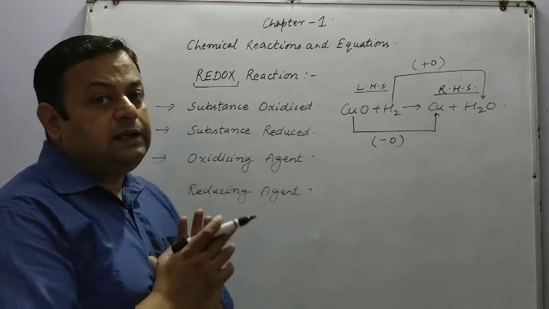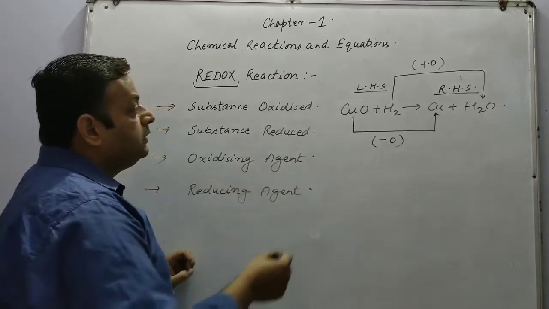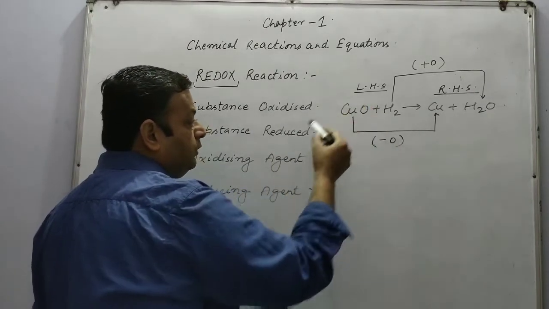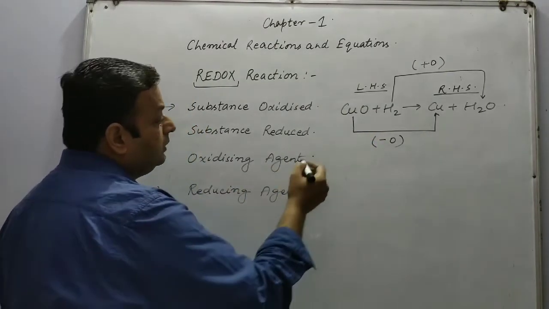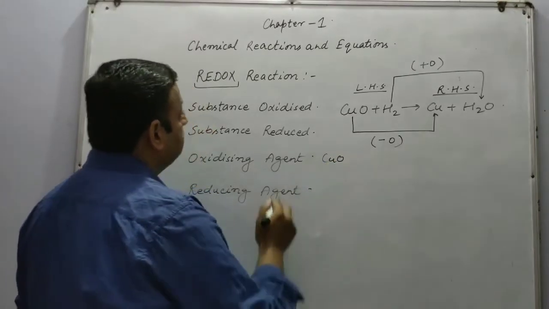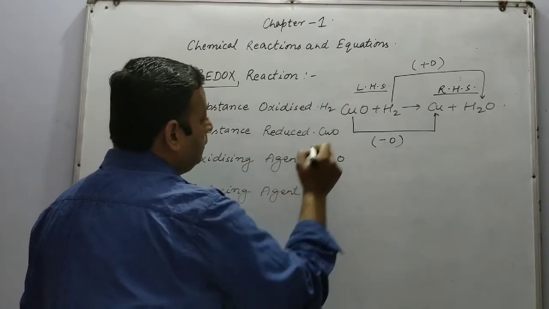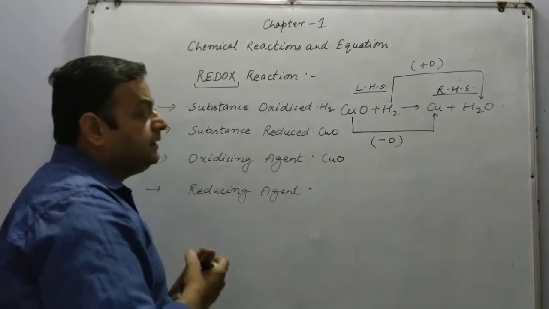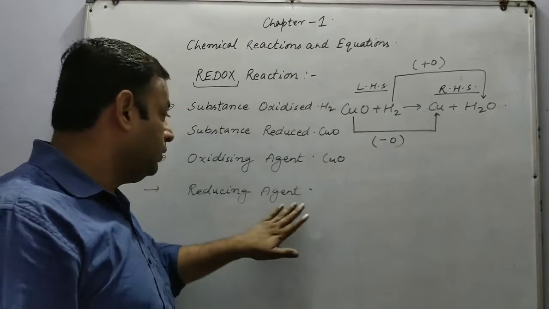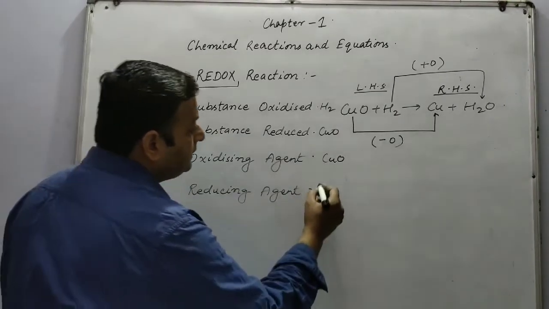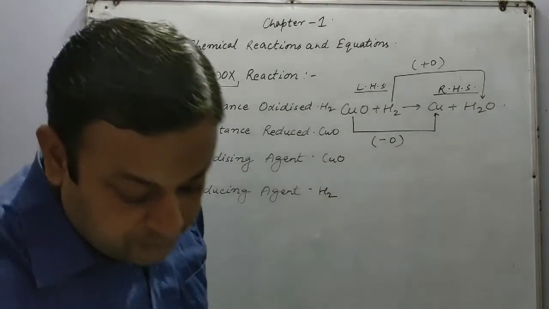The substance which is getting reduced during the redox reaction will act as an oxidizing agent. So in this case, the substance reduced is copper oxide, so it behaves like an oxidizing agent. The substance which is getting oxidized during the reaction would act as a reducing agent. So here in this case the reducing agent is hydrogen. Clear? Now take another example.